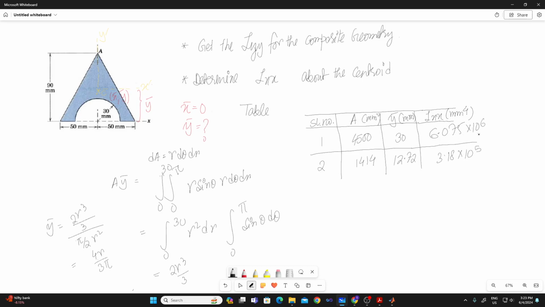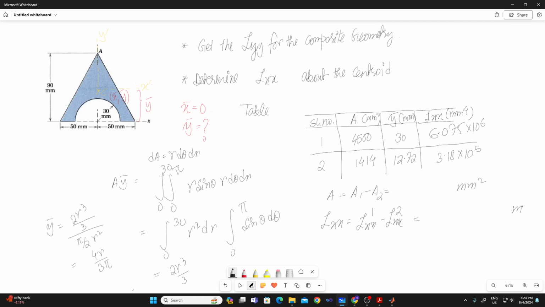Now we are going to write the formula for the total area. So A is A1 minus A2, and then evaluate that quantity. Ixx is Ixx1 minus Ixx2.